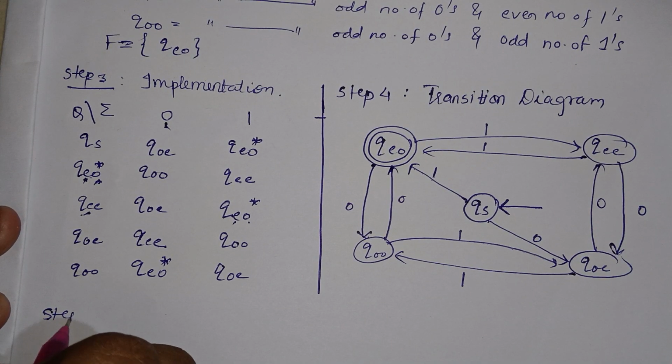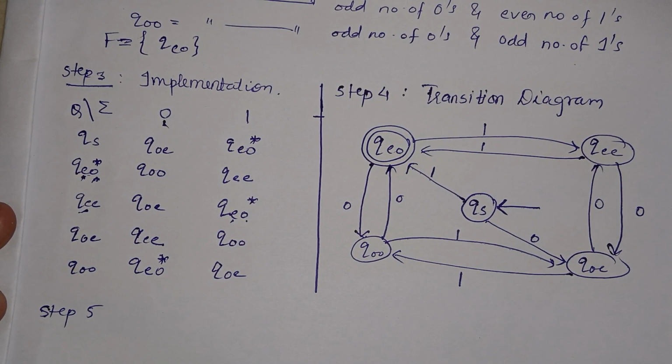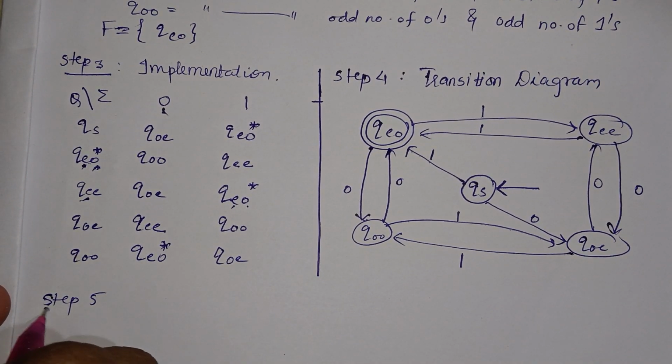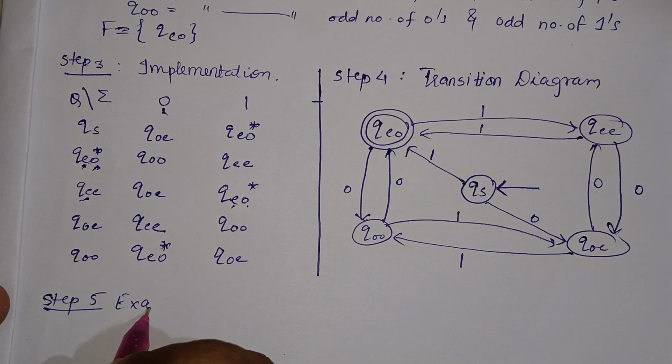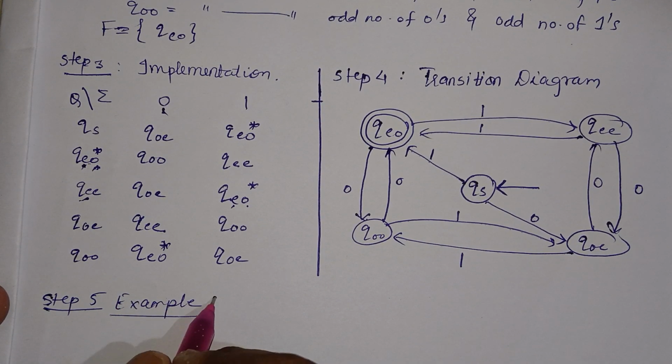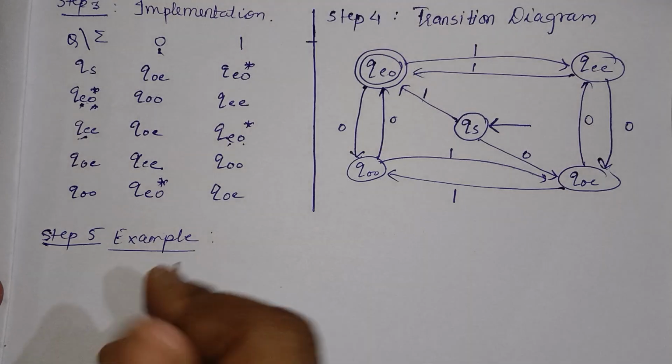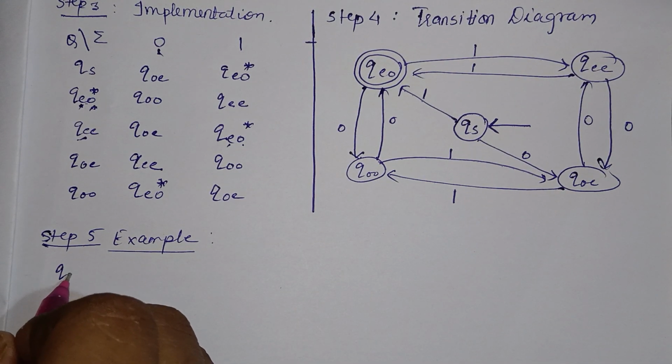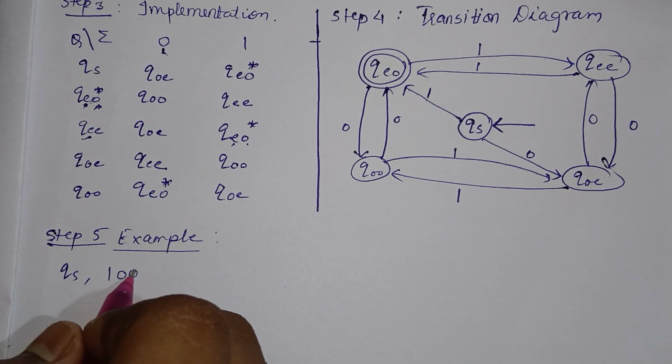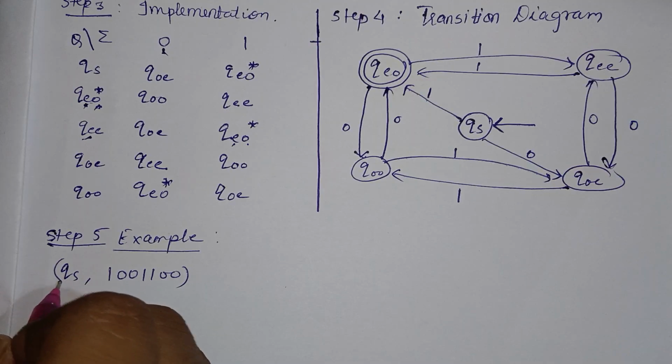Now step 5. Let's solve an example. Let's take an example: QS 1001100.